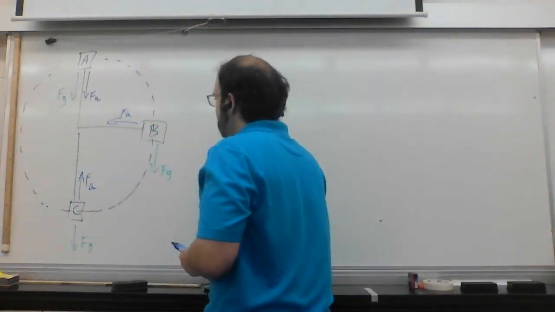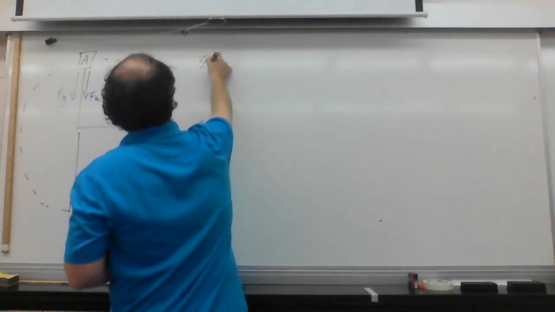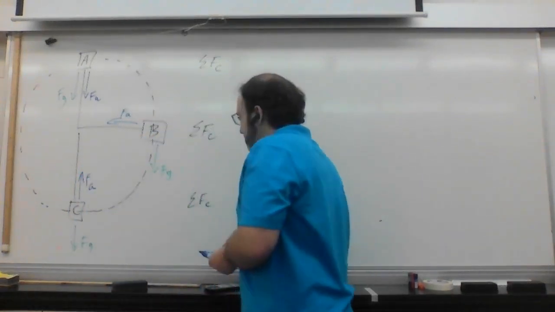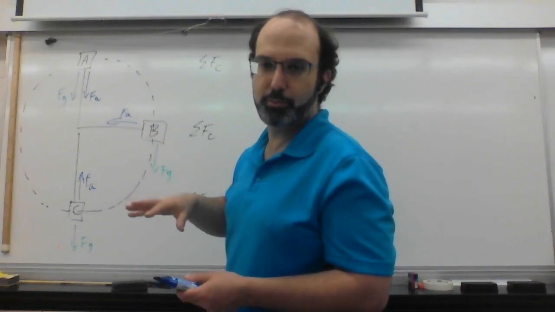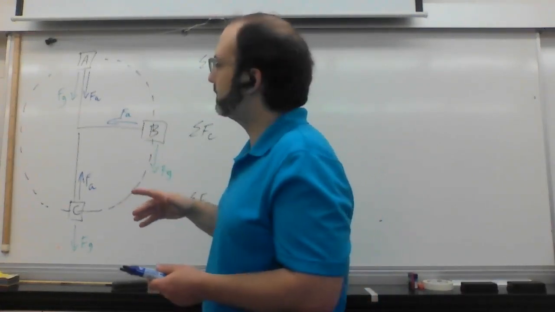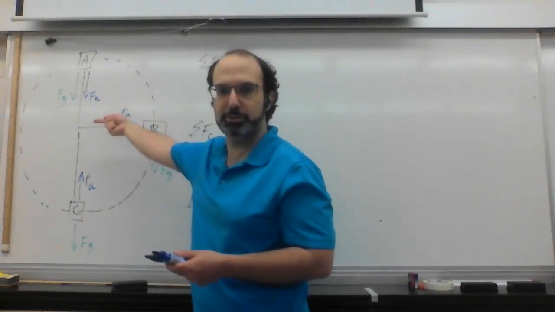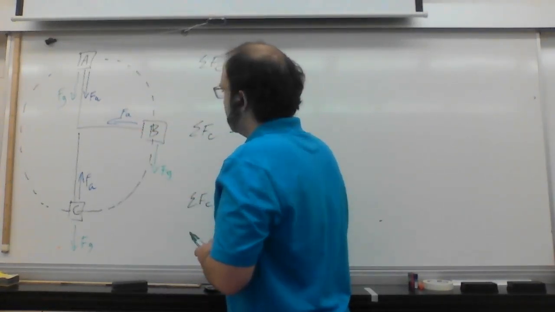So at different times, there's a different sum of forces. If I add the forces that are acting on the object in the directions that are important to a circle, right? Like, you know, there could be a force coming this way out of the board. I don't care. I care about the force going this way towards the center. Here, the only thing acting is force applied.